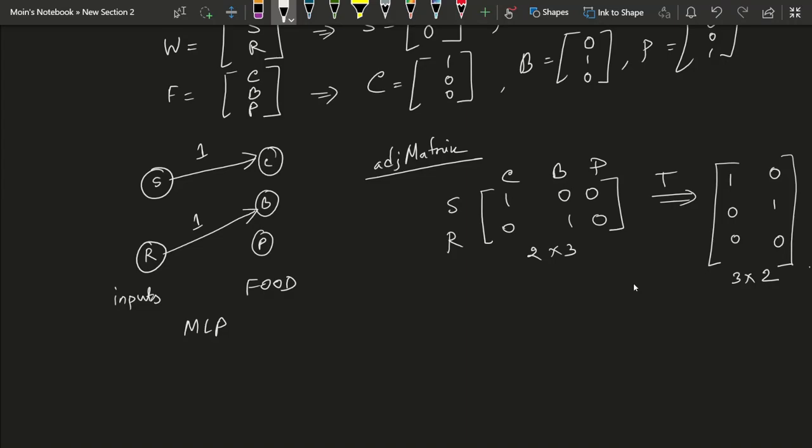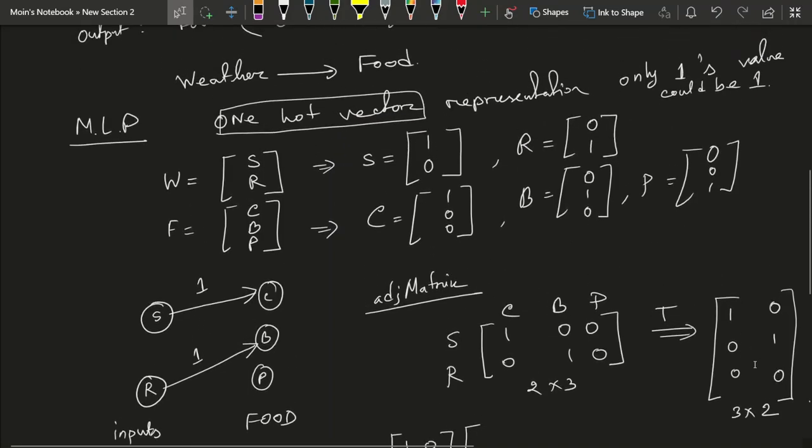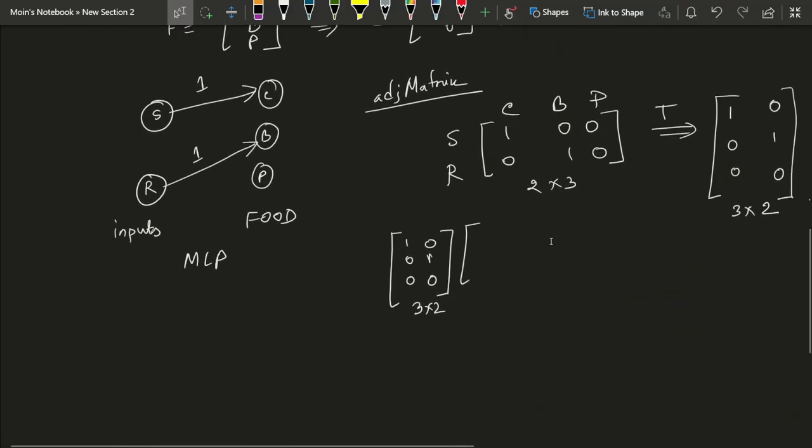And we can multiply this 3 by 2 matrix with our inputs. We can take the one hot vector representation of our input, like 1 0 or 0 1. So it could be like 1 0.